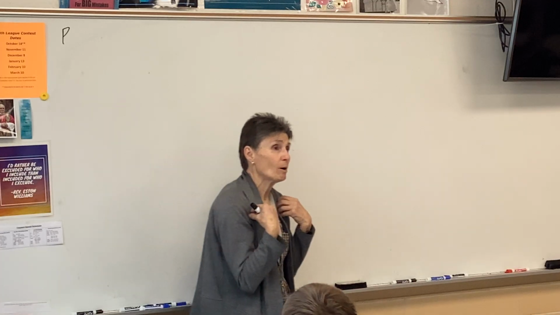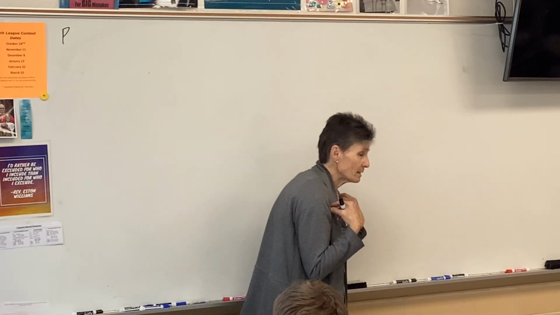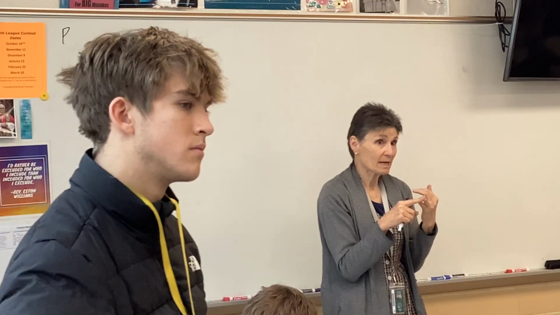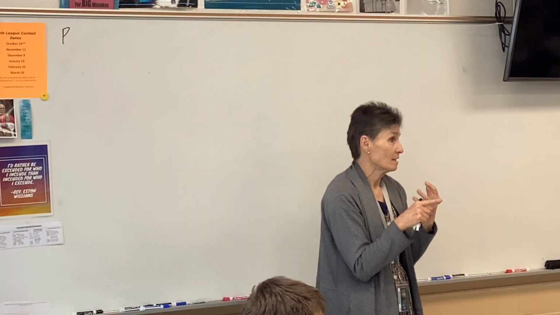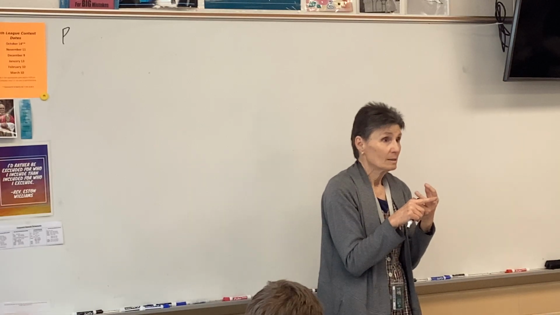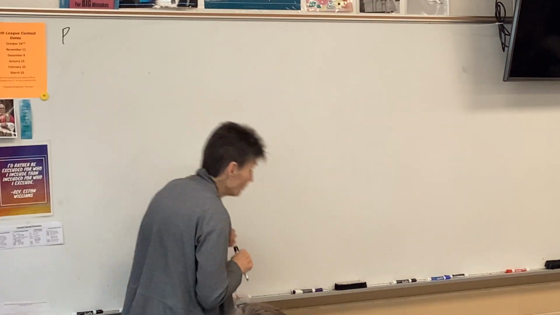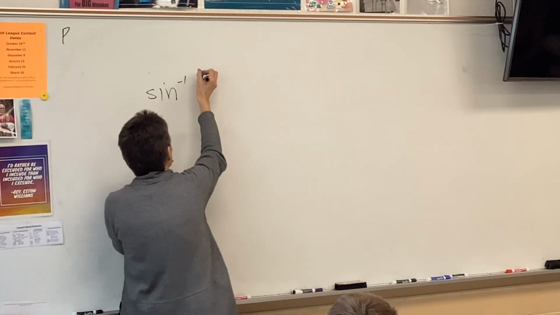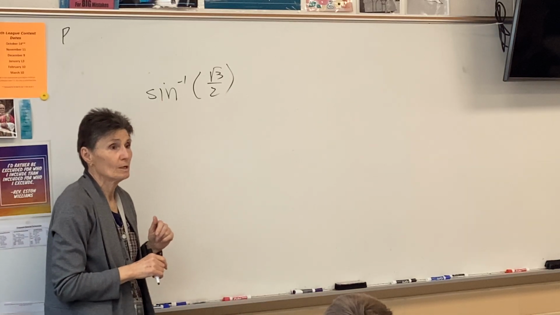If I am doing a problem without a calculator and answering in radians, then I know my answer is either going to be pi over 3, because that's 60, pi over 6, because that's 30, or pi over 4, because that's 45. That's it. All right, so what have I got? The angle, remember, this means find the angle. So this is find the angle whose sine is root 3 over 2.